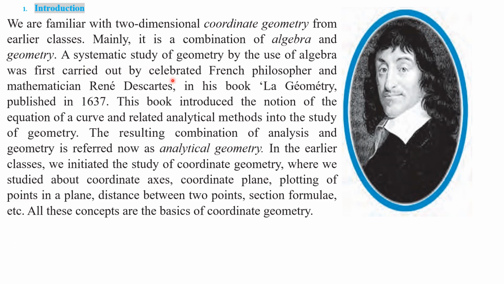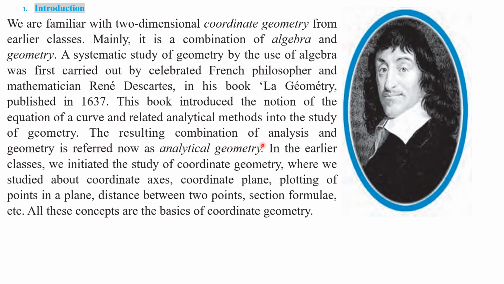A systematic study of geometry by the use of algebra was first carried out by the celebrated French philosopher and mathematician René Descartes in his book La Géométrie, published in 1637. This book introduced the notion of the equation of a curve and related analytical methods into the study of geometry.